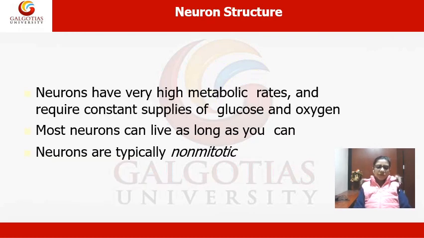Next is neuron structure. Neurons have a very high metabolic rate and require constant supplies of glucose and oxygen for proper functioning. Most neurons can live as long as you can. Neurons are typically non-mitotic.